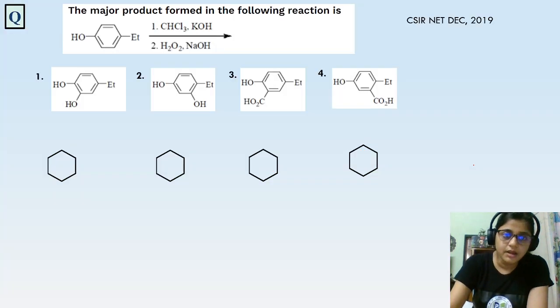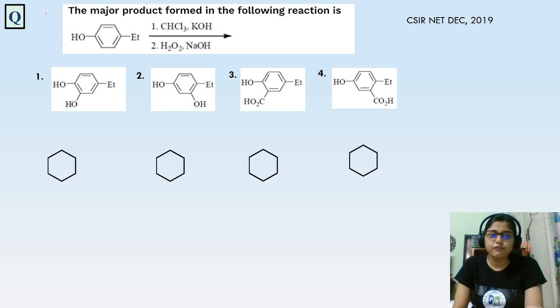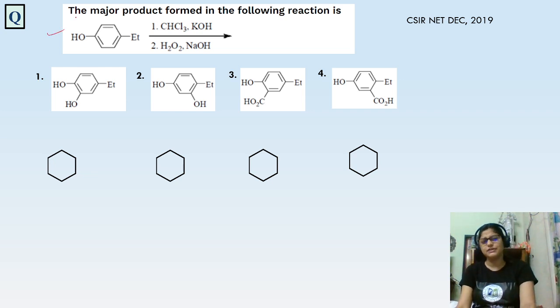Now the question: the major product formed in the following reaction. For any reaction, what we have to understand is that we have to identify the reactant. So it is a phenol, maybe a substituted phenol, but it is phenol.